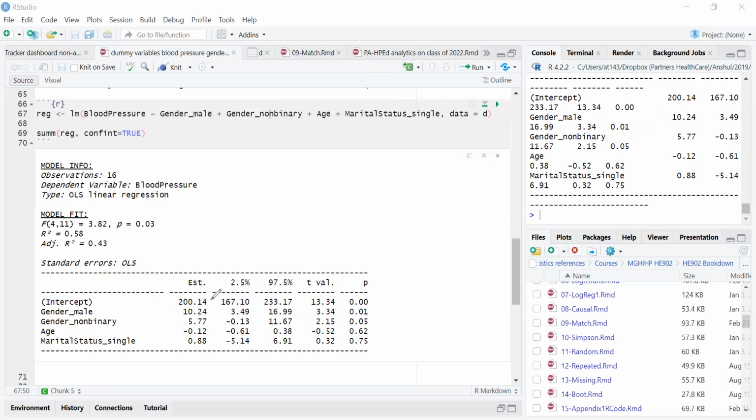And we can see that the intercept is the same, the age estimate is the same, and the marital status single estimate is the same. And of course, we could have changed this. We could change the single here to married, and then this would switch as well to a negative 0.88 instead of a positive 0.88. And we'll talk more in a moment about how we interpret those.